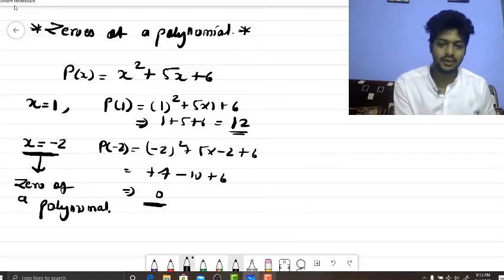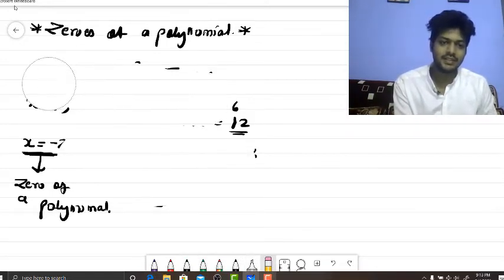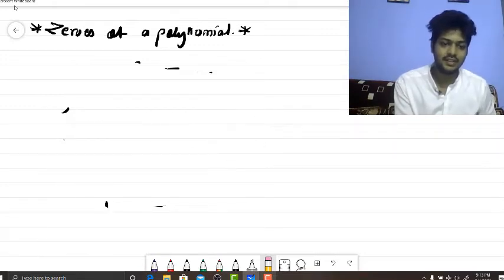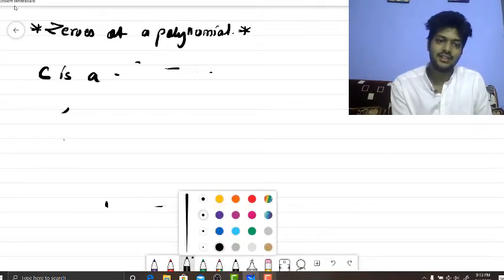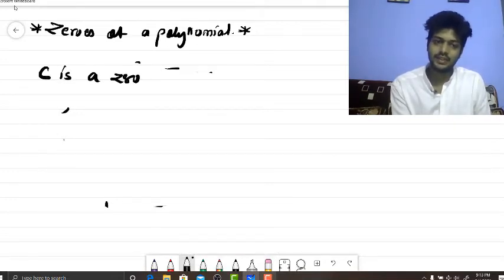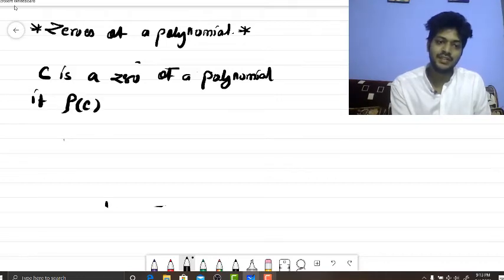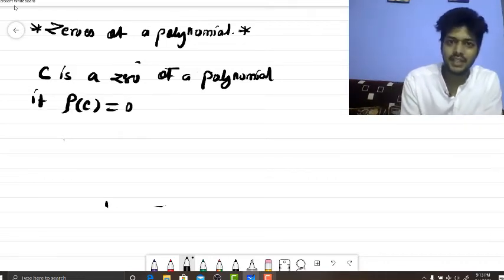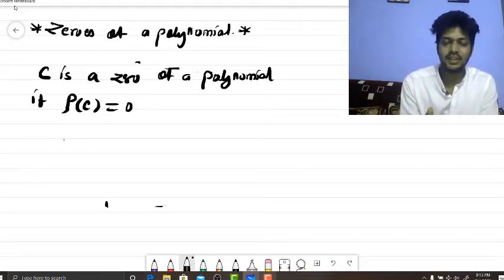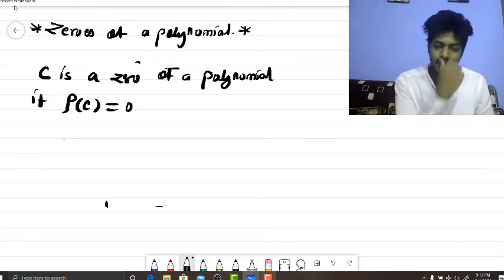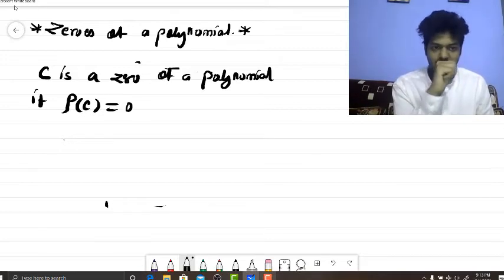Or in mathematics, we also write it as, let me erase this so that I can write down the definition: c is a zero of a polynomial if p(c) equals 0, which is the same thing. If c is a zero, then the value of the entire polynomial expression would become 0.